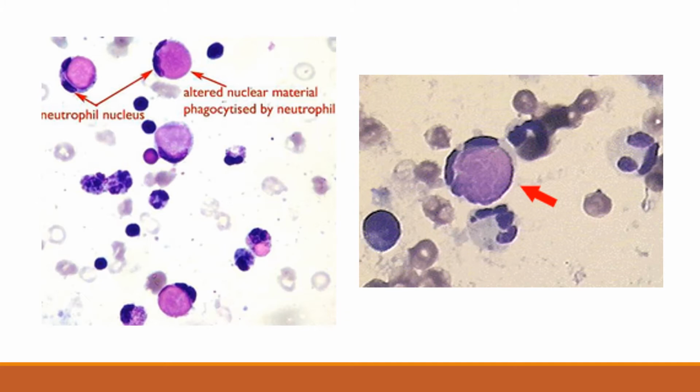And notice that normally your neutrophil has a segmented or lobulated nucleus, but in this case, your LE cell, since it has already engulfed the nucleus of another cell, the neutrophil's original nucleus has actually been displaced into the periphery of the cell, making room for the engulfed nucleus or extruded nucleus from another neutrophil or lymphocyte.